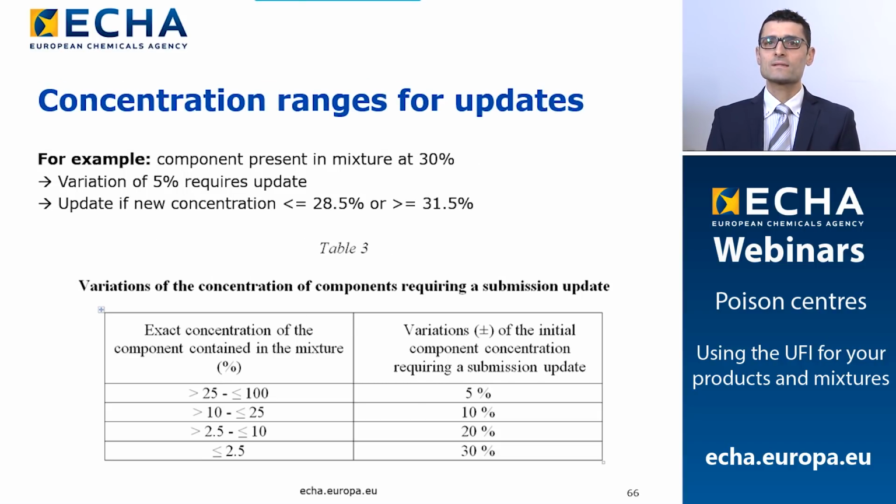So here you can see an example of a component in a mixture at exactly 30%, which according to table 3 in Annex 8 is allowed only a 5% variation in the concentration, meaning that if the concentration falls below 28.5% or exceeds 31.5%, then a new UFI is required.